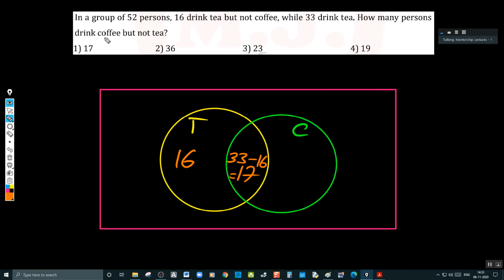How many persons drink coffee but not tea? So total is 52 minus 16 minus 17. How much is this? 52 minus 33 is nothing but 19, no?